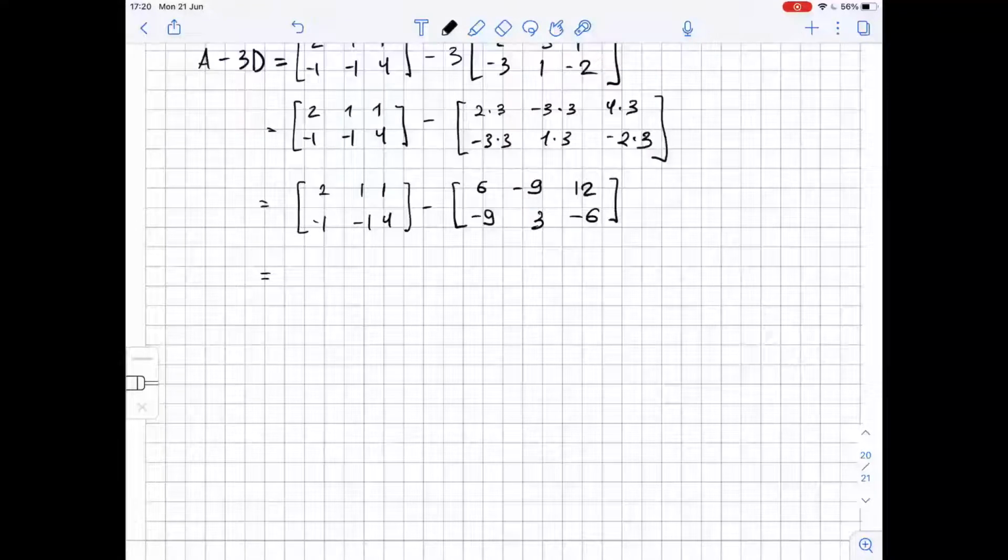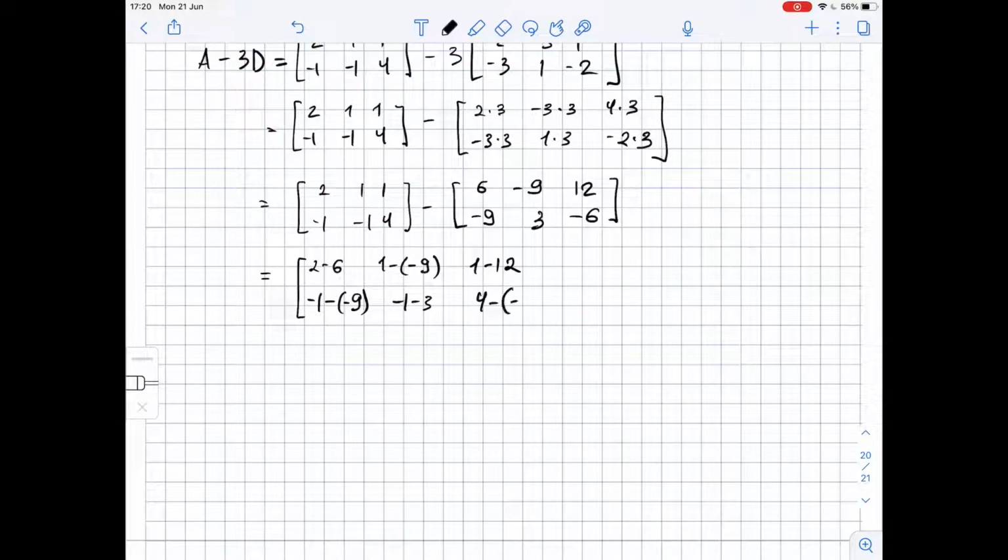When you want to subtract one matrix from another, you just need to subtract the entries of the second matrix from the corresponding entries of the first matrix. So here, the result matrix will look like this: 2 minus 6, 1 minus negative 9, 1 minus 12, negative 1 minus negative 9, negative 1 minus 3, 4 minus negative 6.